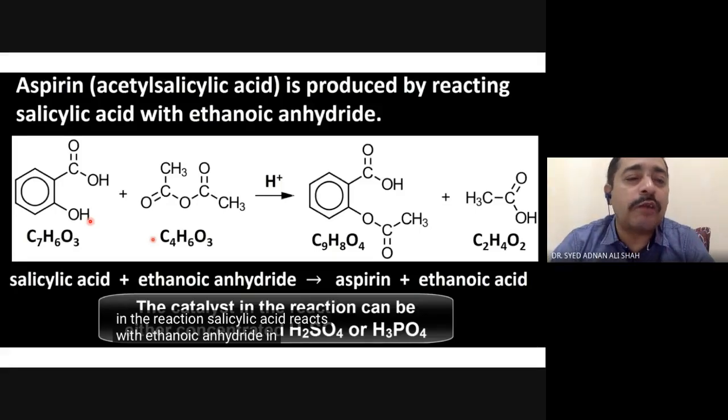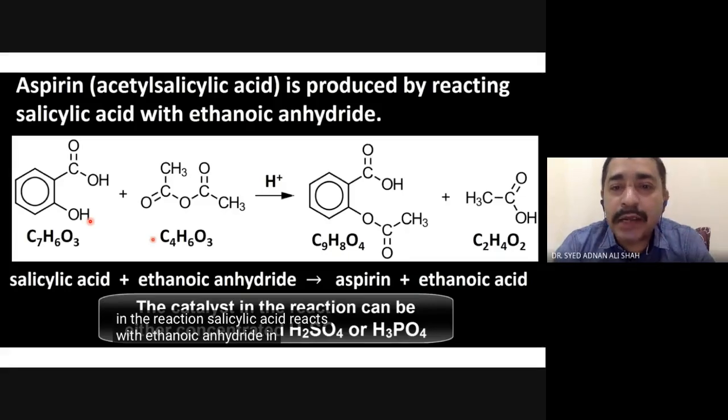The molecules of salicylic acid are combined. They have intermolecular attraction. One salicylic acid makes a hydrogen bond with another molecule of salicylic acid through hydrogen bonding.